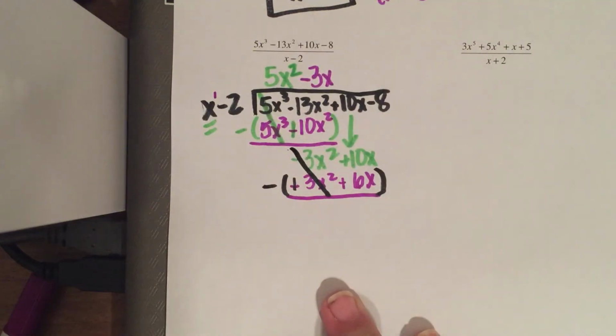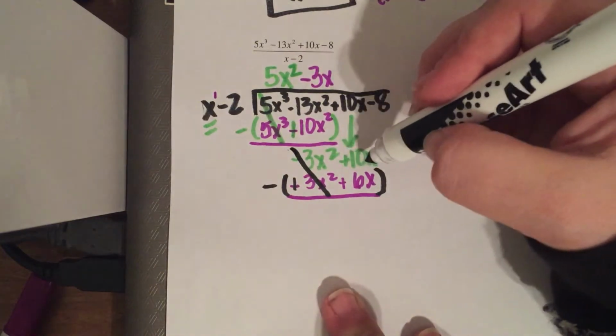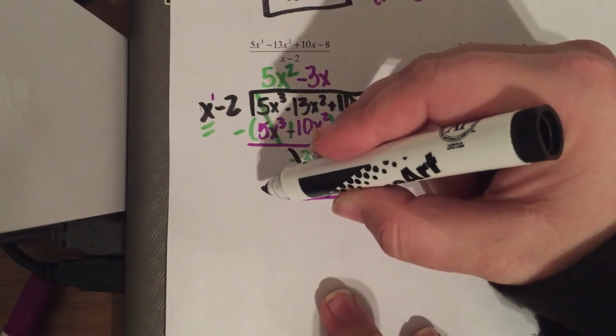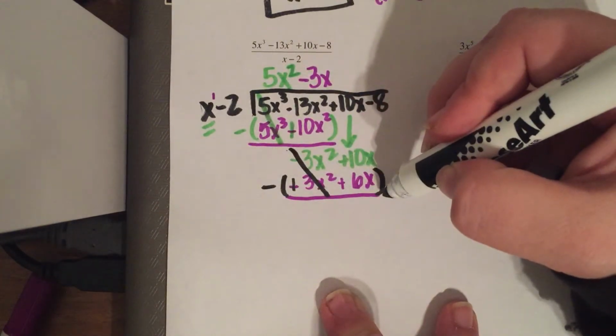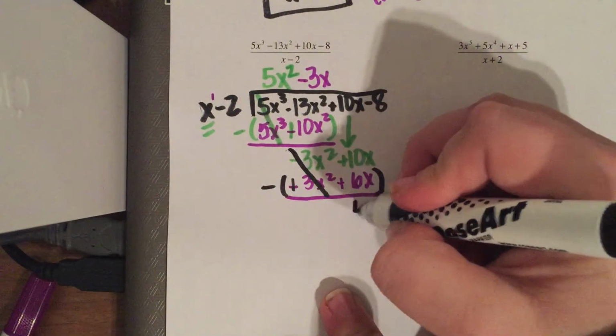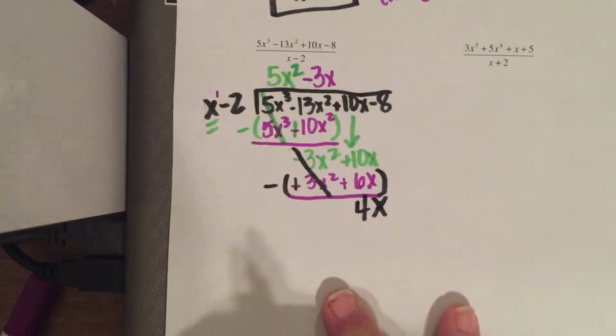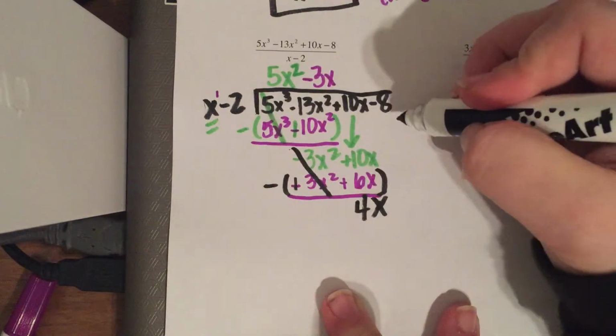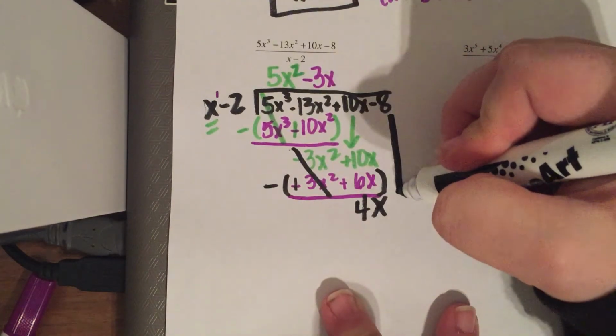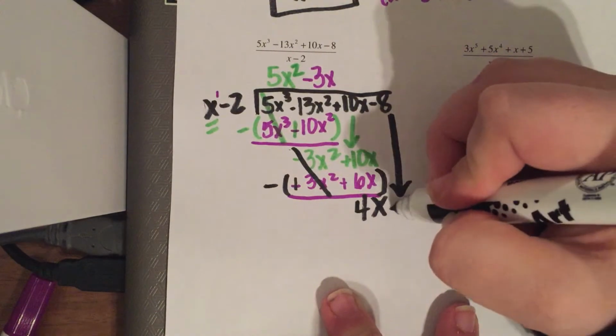They become 0. And then 10x minus 6x, that's going to be 4x. Now, how do I get my other term? I just go on up, I grab my negative 8, and I bring them on down.